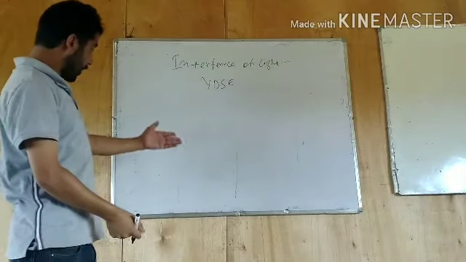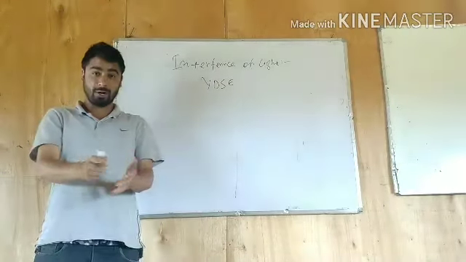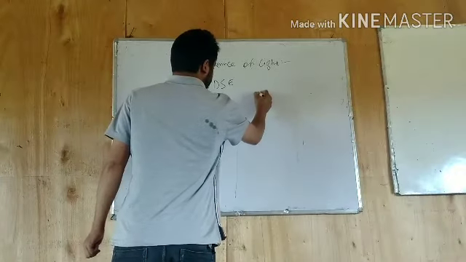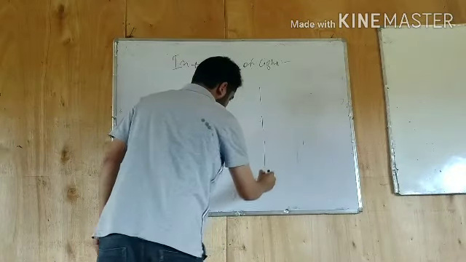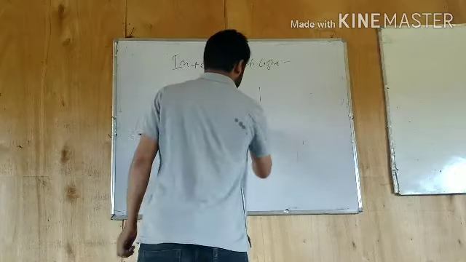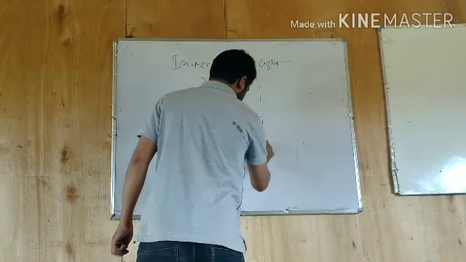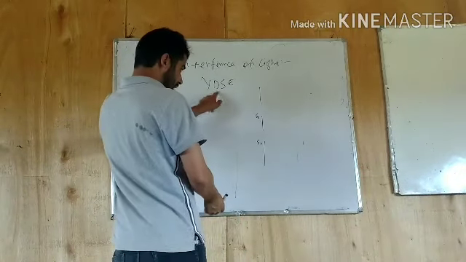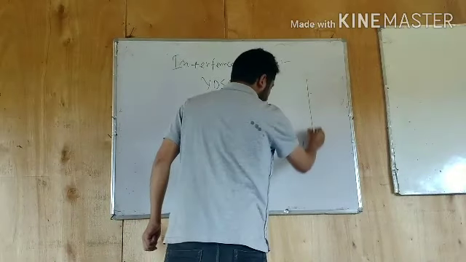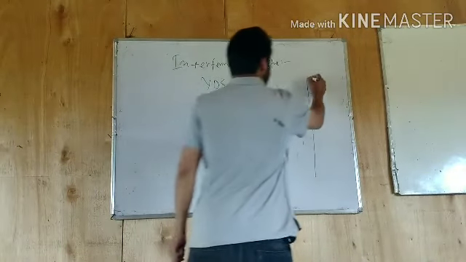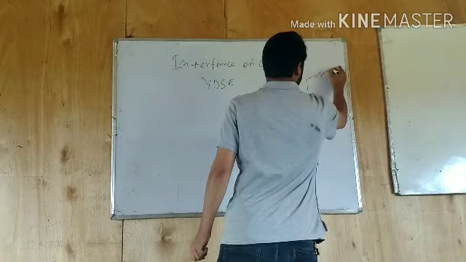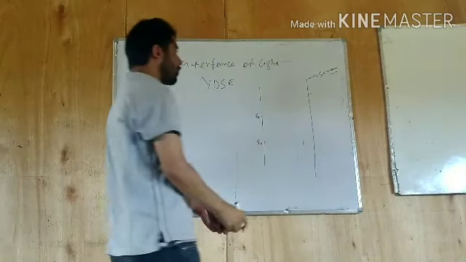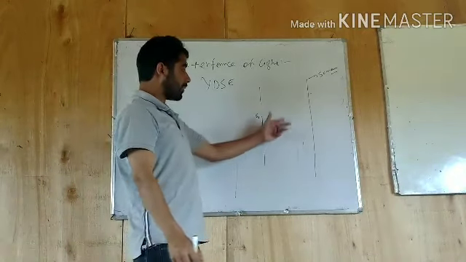The experimental setup of this experiment is very simple and straightforward. Let me just label it here. Suppose this is slit 1 and this is slit 2. That's why it's named the double slit experiment. Here we also make use of a screen. The screen is meant to show whatever result we want to confirm.